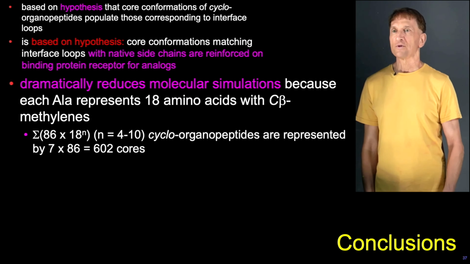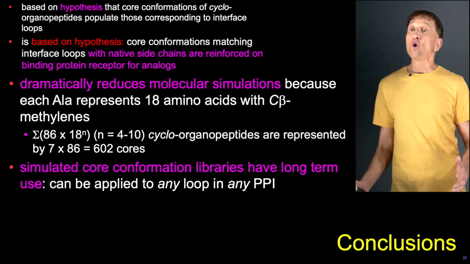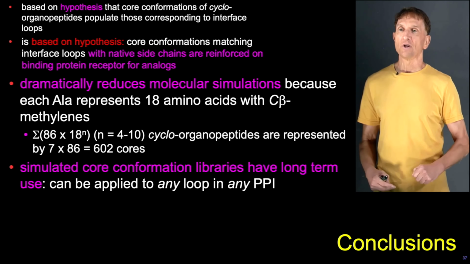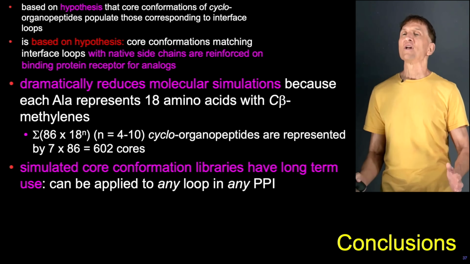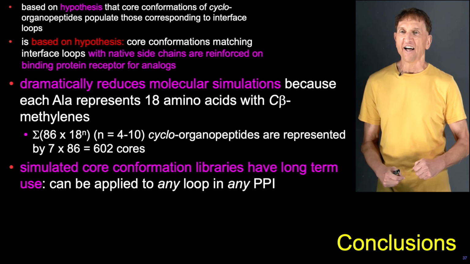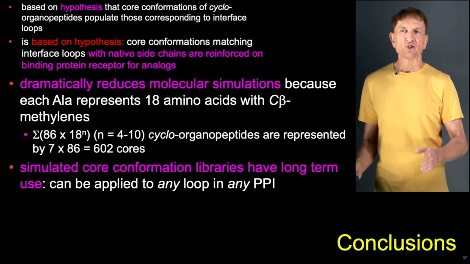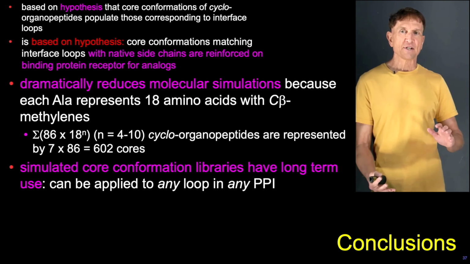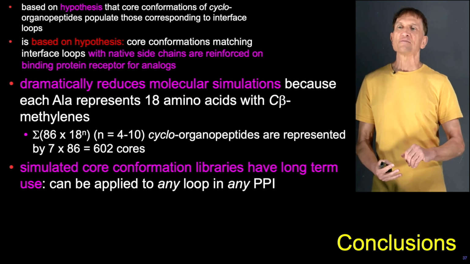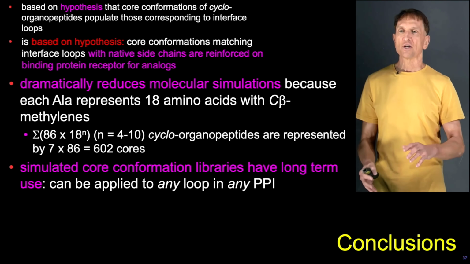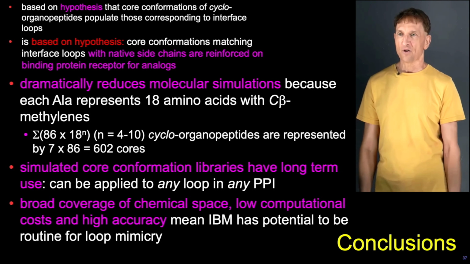And in our case, that was about 600. We simulate the core conformations of these virtual libraries once, and we can apply them to any PPI. Once we've done it, we're not using docking data on a particular protein receptor, we're just matching with the crystal structure coordinates to find the best overlay.